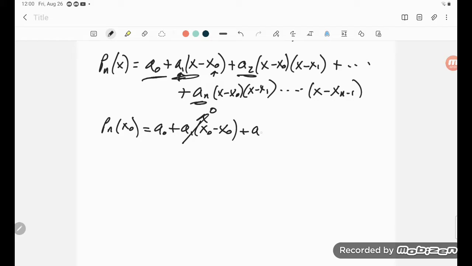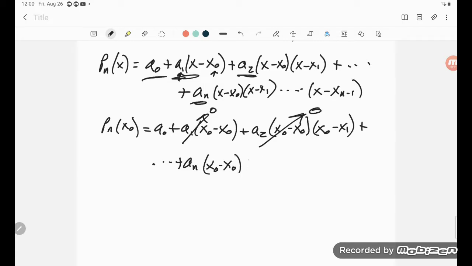Plus a2 times x0 minus x0 times x0 minus x1, oh wait, but that's 0. And so that term's 0. And so we'll do the dot, dot, dot, and up to the a sub n. But that also will have that x0 minus x0 term in it, and then x0 minus x1 up to x0 minus x sub n minus 1. But of course that's 0 as well.